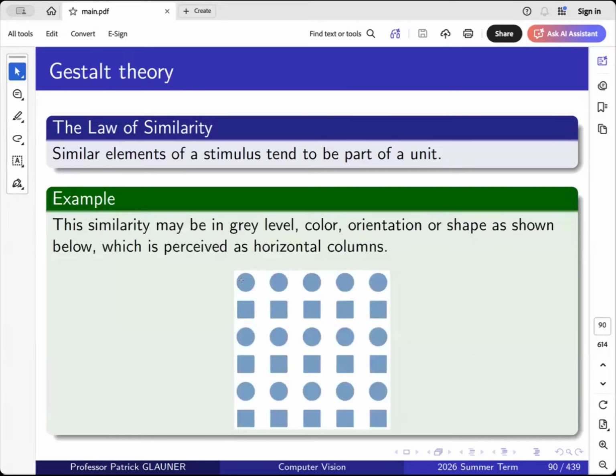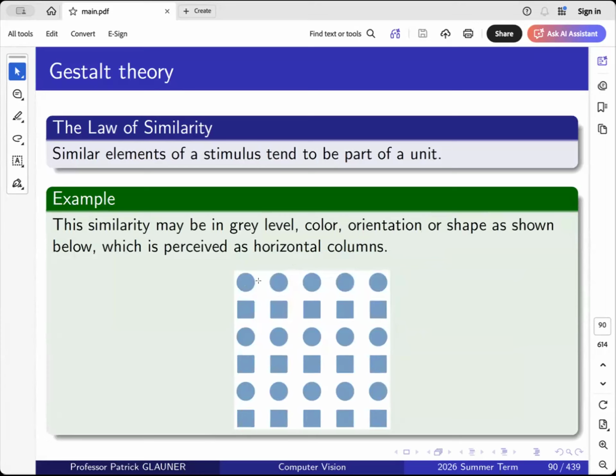So when we have, again, this matrix here, we have circles as well as squares. We could try to perceive units in here, but I think a lot of people would tend to build units here in a row and say this is a unit, so all the circles, then all the squares are a unit, and we have another unit here.